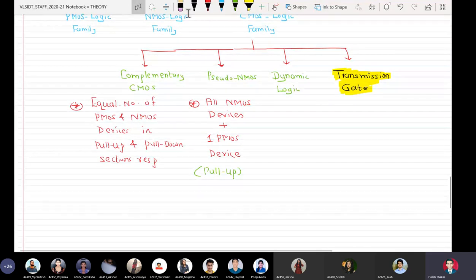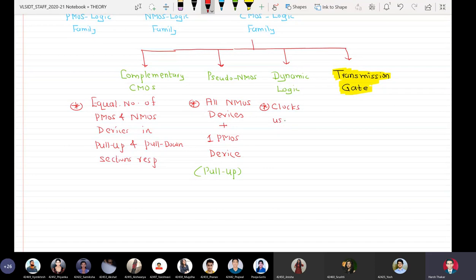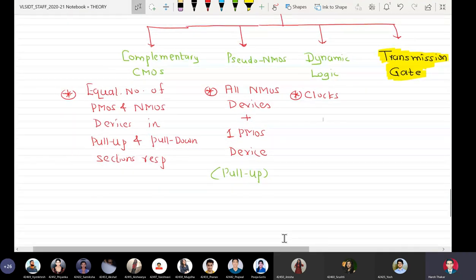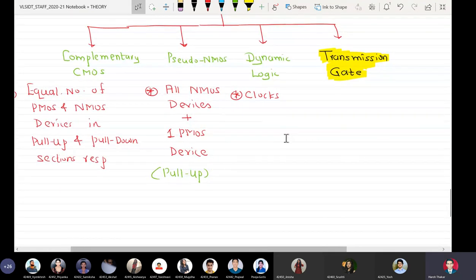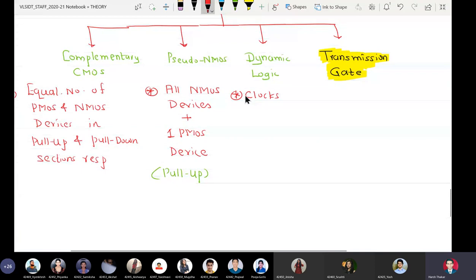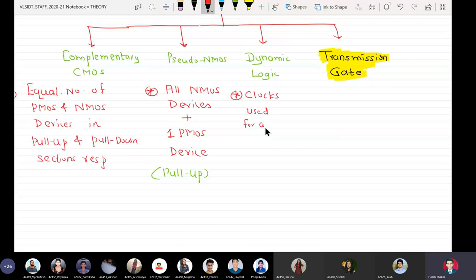In dynamic logic, we have clocks used for activating the MOS switches.